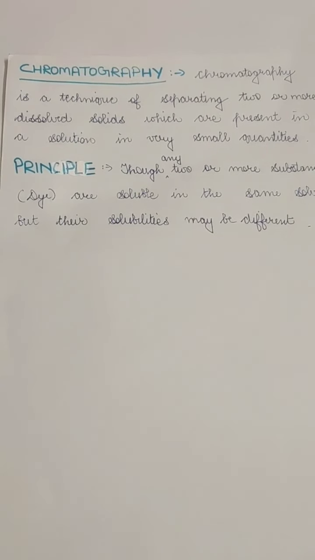So the pigments which have more solubility will dissolve in the water, and the colors which have less solubility will take some time to get dissolved in the water. If the solute is soluble in water, that does not mean that all the pigments of the solute are soluble at the same rate.